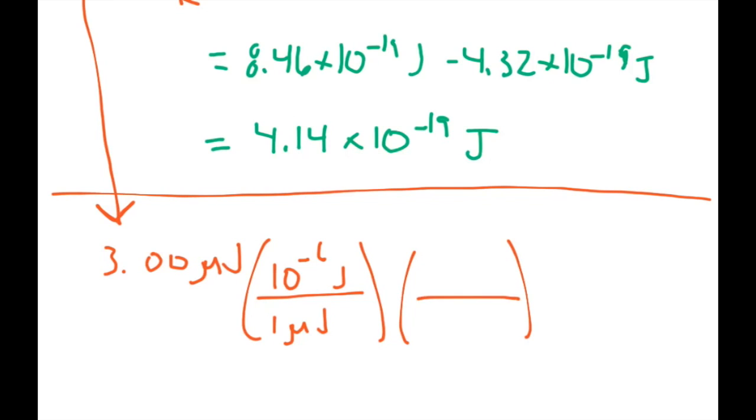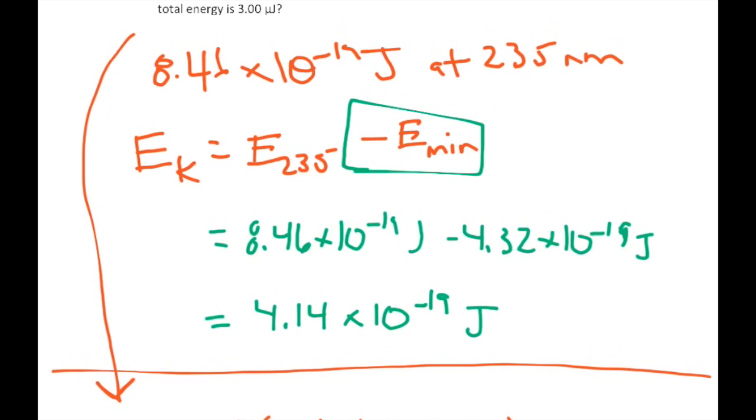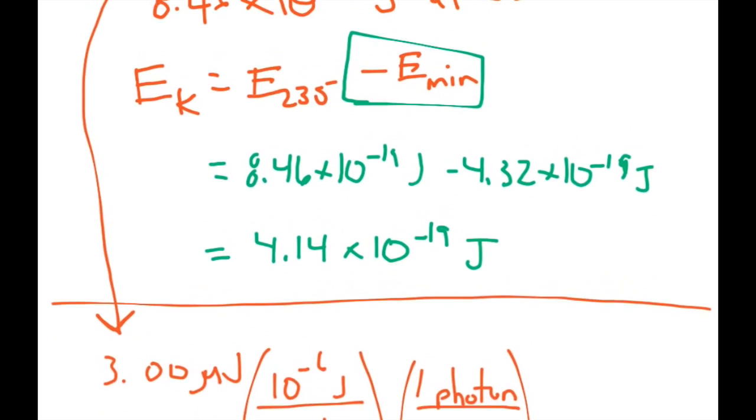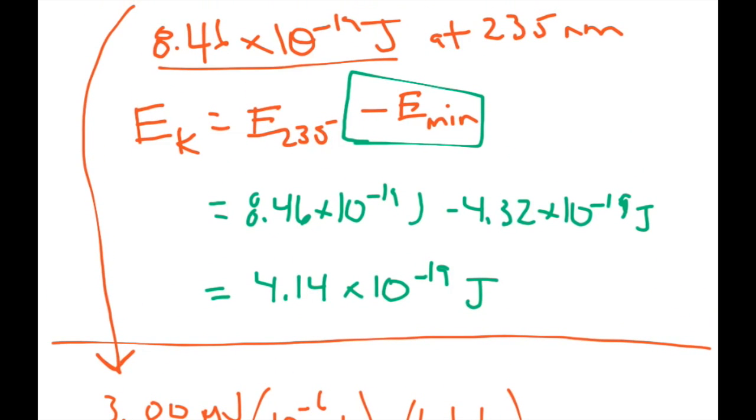Next, for every 1 photon, there's that 8.46 times 10 to the negative 19 joules. Remember this number right here.